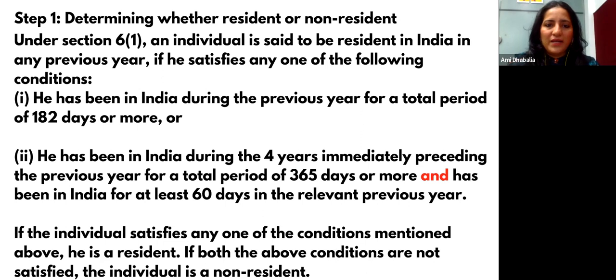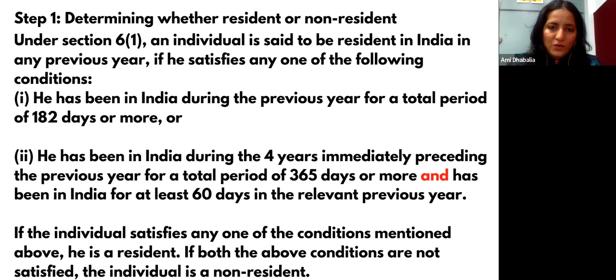Once you determine that the person is a non-resident, the story is over. Non-resident means non-resident. But if the person is a resident, then we further determine whether the person is a ROR or a RNOR. Ultimately, the taxation differs on 3 bases: when you are a non-resident, when you are a ROR, and when you are a RNOR.